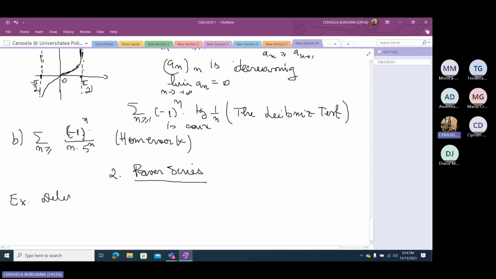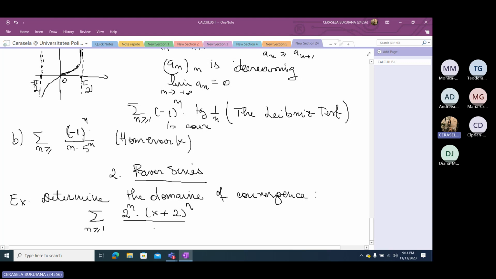So, determine the domain of convergence for the power series, and it starts from 1, the series is 2^n times (x+2)^n, everything over square root of n times (n^2+1). Okay.